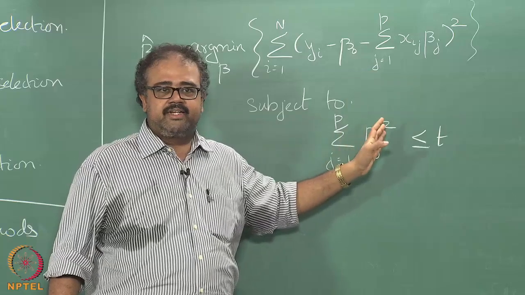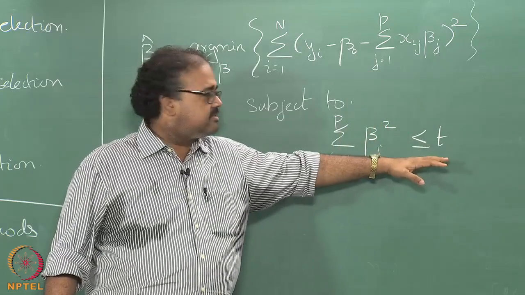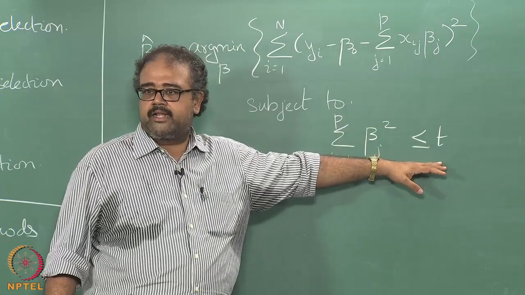Taking the root, I am just leaving it as a square, it does not matter. So it is just like an L2 norm constraint.